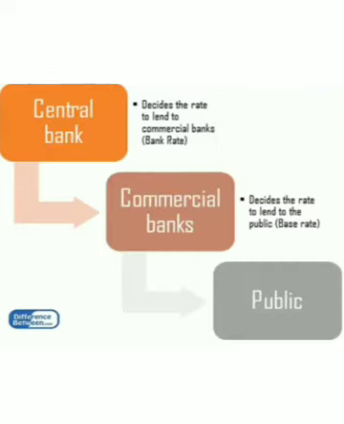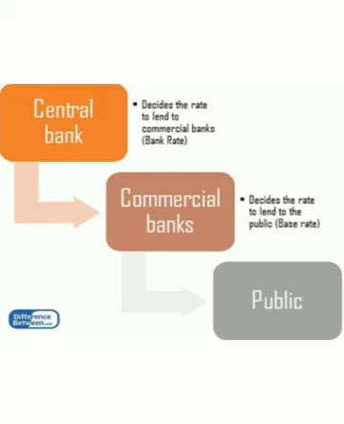So in this picture you can see that the central bank gives a loan to the commercial banks. The rate of interest decided by the central bank to lend to the commercial banks is known as the bank rate, and commercial banks decide the rate to lend to the public. So commercial banks are linked with the public.